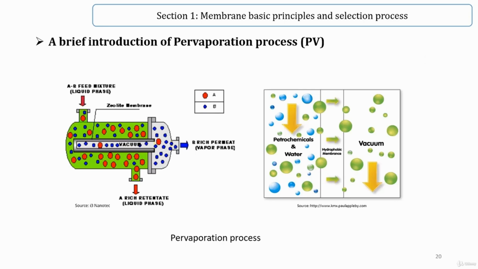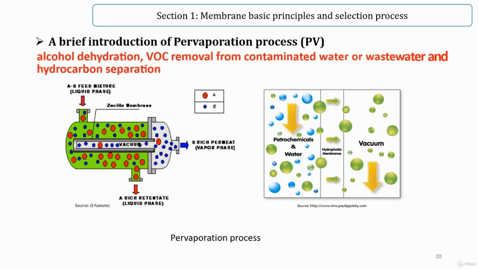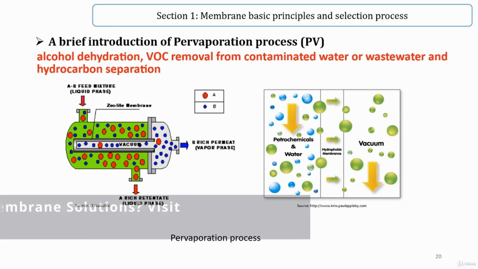One application of pervaporation technology is alcohol dehydration, volatile organic chemical removal from contaminated water or wastewater, and hydrocarbon separation, due to its energy efficiency and targeted removal without the addition of chemicals or new pollutants in different forms.